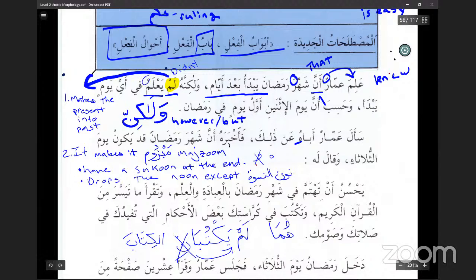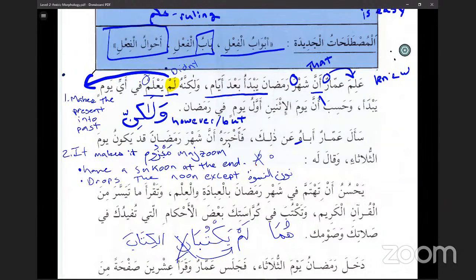That's why you see ya'lam at the end instead of ya'lamu. So when you see a lam, the next fi'l after it should be majzoom with a sukoon, or if it's one of those verbs that have the noon attached at the end, you drop that noon, except for the noon and niswa.